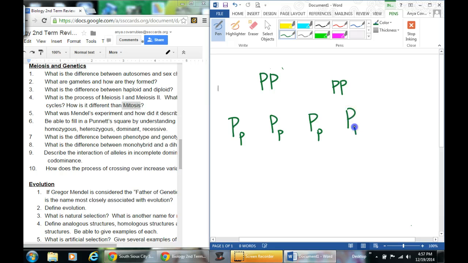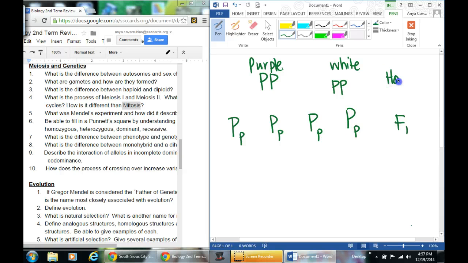At that time, they thought blending was something that took place. Since they were all purple, and this one was white, they thought maybe the white was just overpowered by the purple. Well, he did one more cross with these.